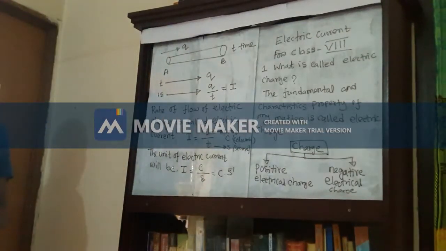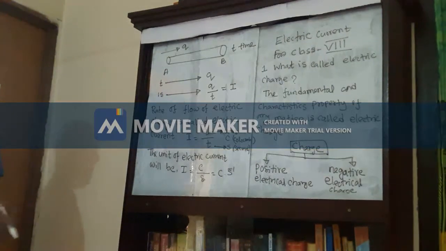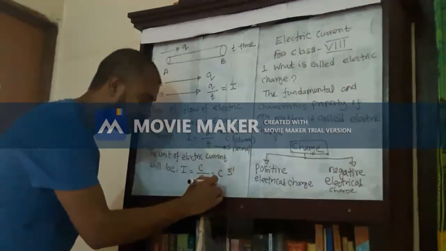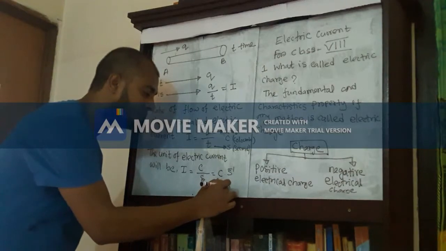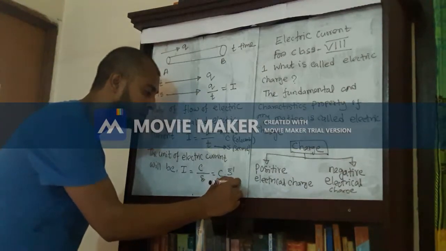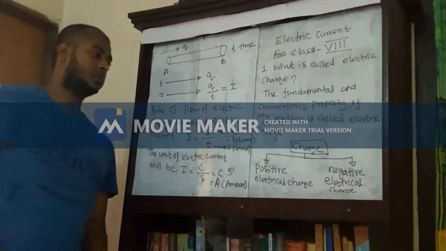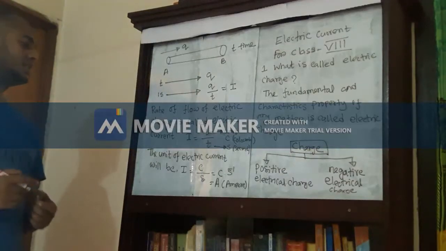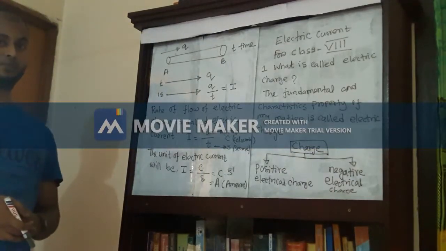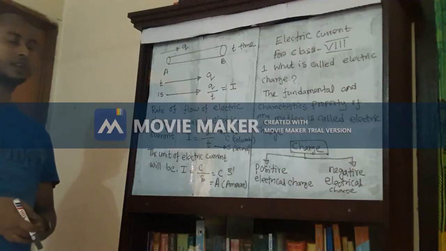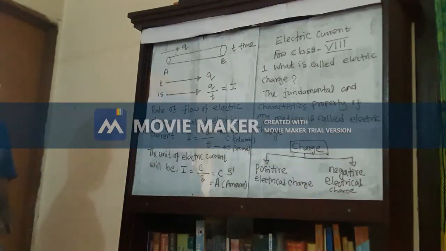In short, this coulomb per second is called ampere. So A is called ampere, A-M-P-E-R-E. Finally, I can say that ampere is the unit of electrical current. So the unit of electrical current is ampere.